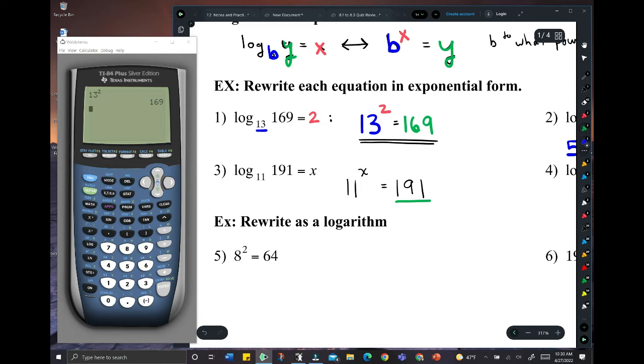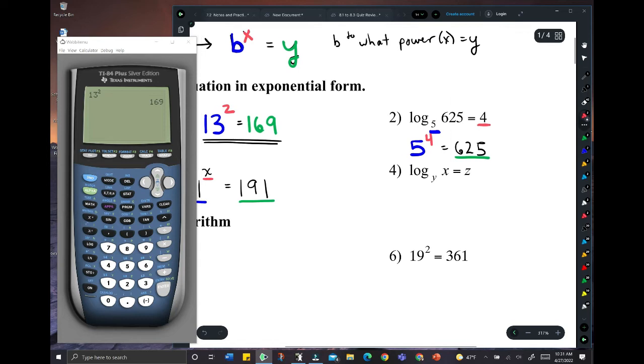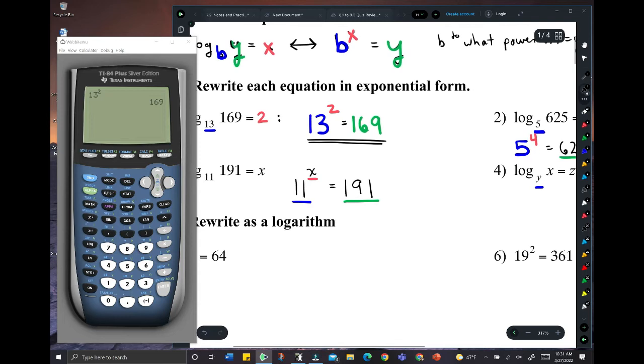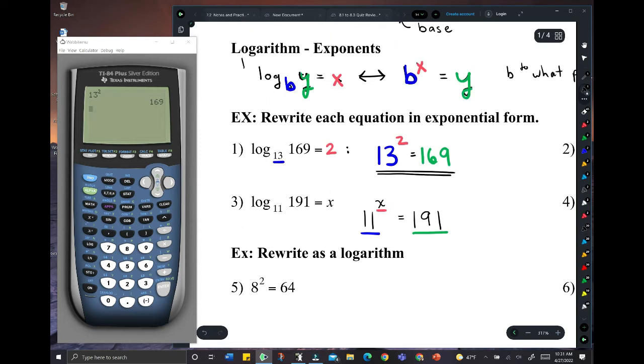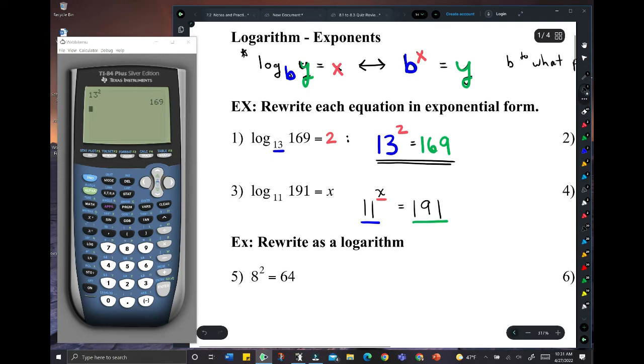So again, 11 is the base, and x is the exponent. If you want to pause and try out number 4, all variables, but again, b is our base. So we're looking at y to the z, it's a little backwards, equals x. A little funky, but just follow that process. Try and memorize this relationship for the time being.